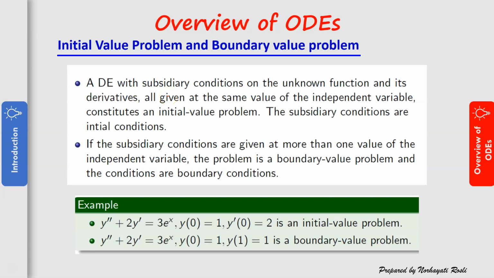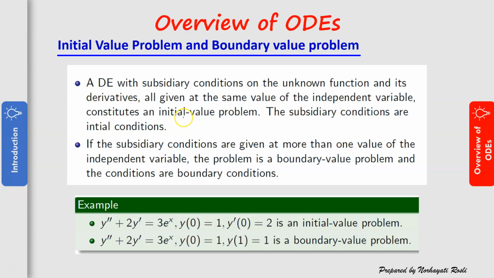Now class, we go to initial value problem and boundary value problem. A differential equation with subsidiary conditions on the unknown function and its derivative, all given at the same value of the independent variable, we call it an initial value problem.